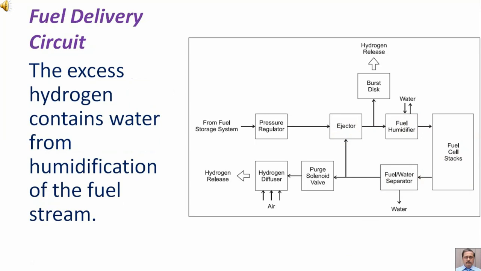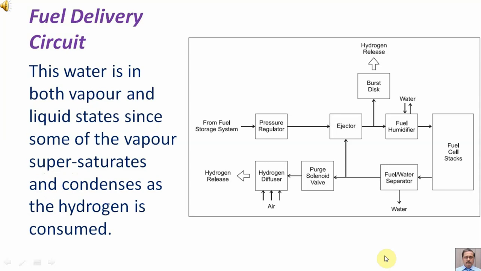The excess hydrogen contains water from humidification of the fuel stream. This water is in both vapor and liquid states since some of the vapor supersaturates and condenses as the hydrogen is consumed.